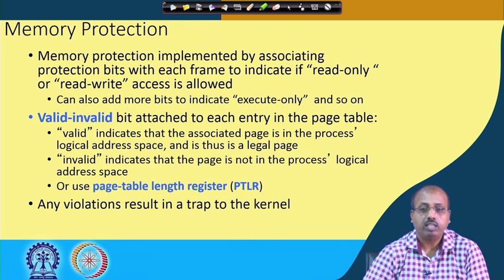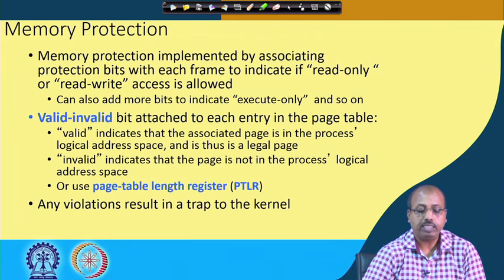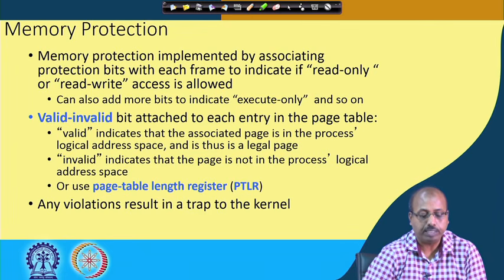Normally the code pages of a process are not modifiable, so they are read only, and the data pages are read write. We can also add more bits to indicate execute only, so we can provide additional bits to indicate the operations that can be done on the page.